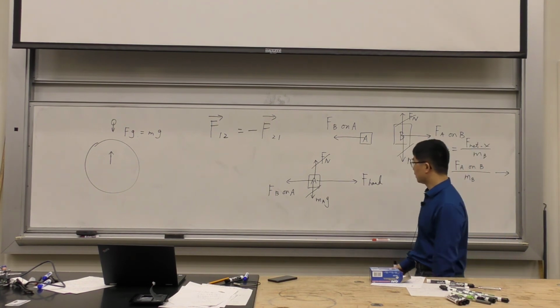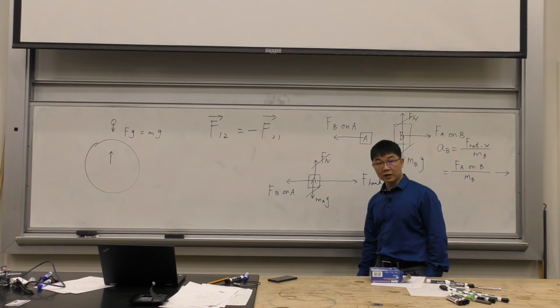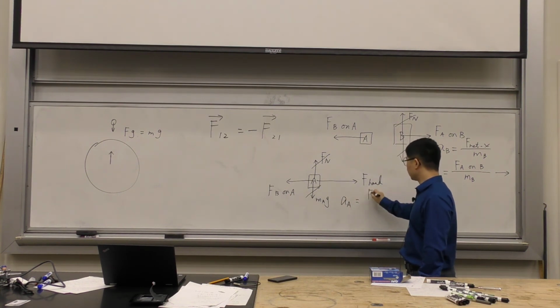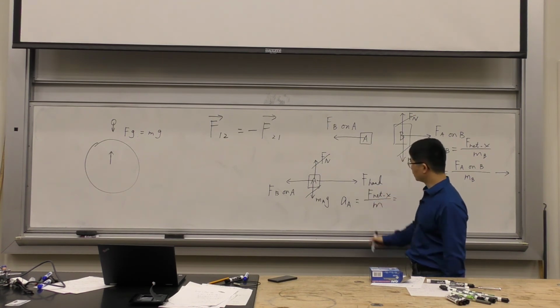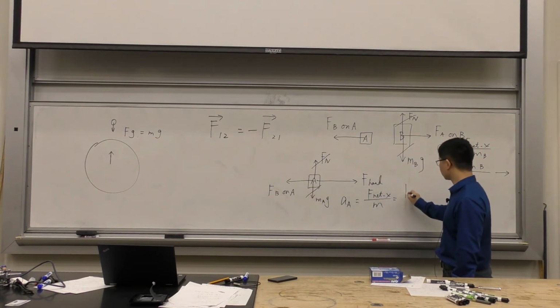So in this case, what will be the direction and magnitude of the acceleration of A? It's going to be the net force in the x direction divided by mass. And in this case, you see these two forces are going to be opposite, so you have to subtract them.